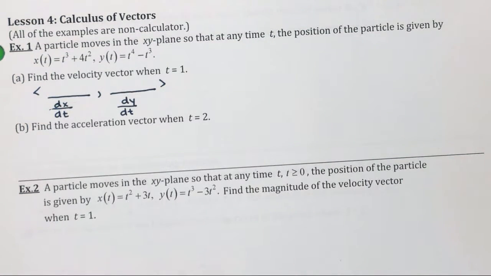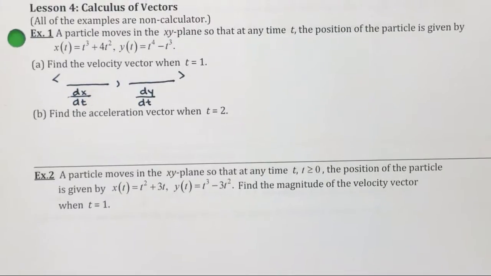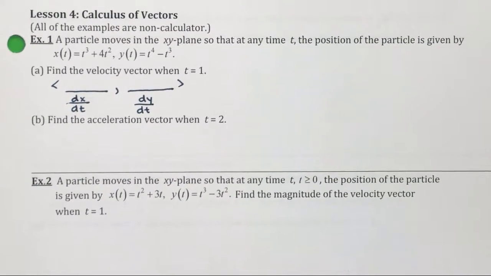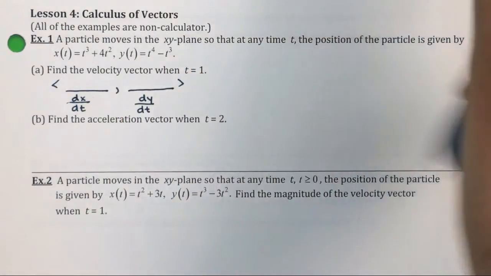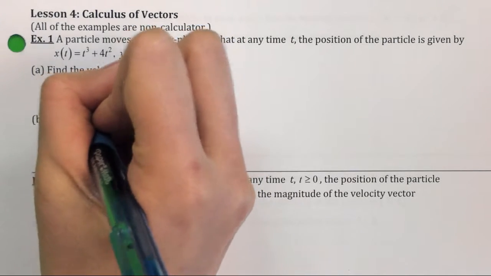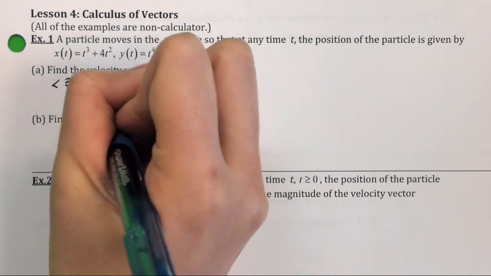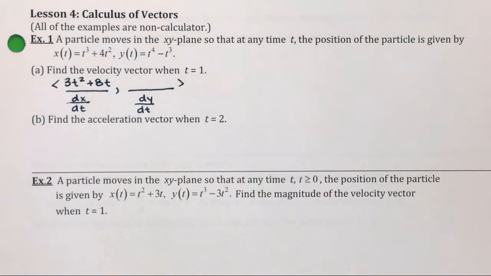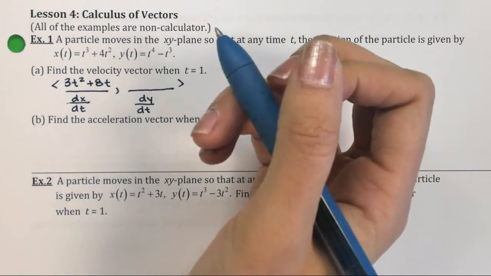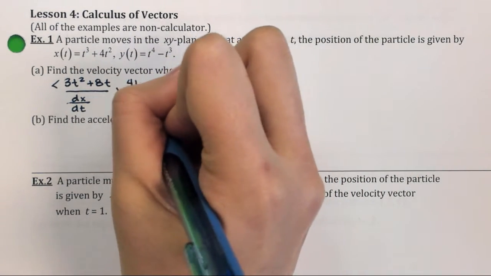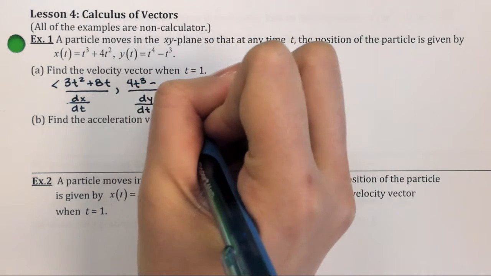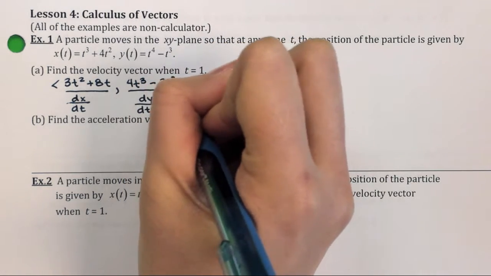Okay? So dx/dt is, and dy/dt is 4t cubed minus 3t squared.